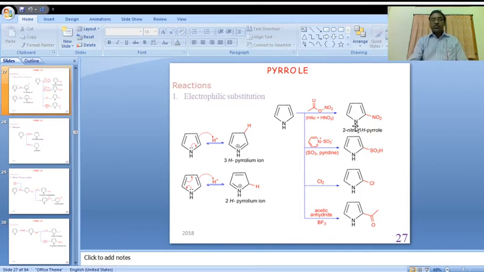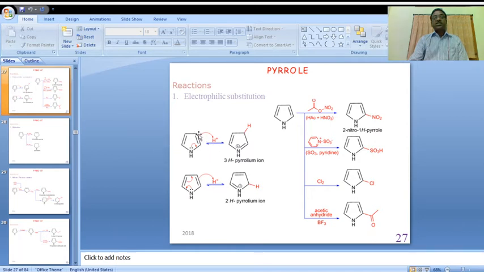Now let us go to various electrophilic substitution reactions of pyrrole. First, reaction with hydrogen ion. In pyrrole, the pair of electrons donates to the cyclic ring.